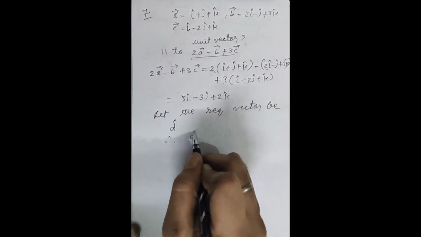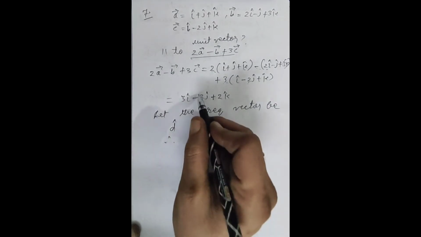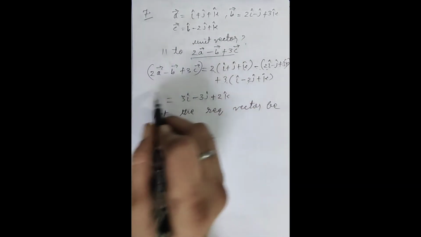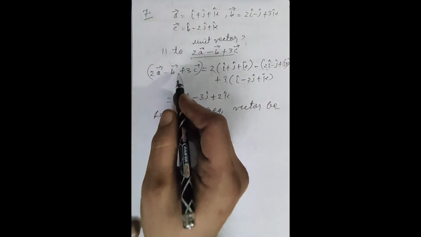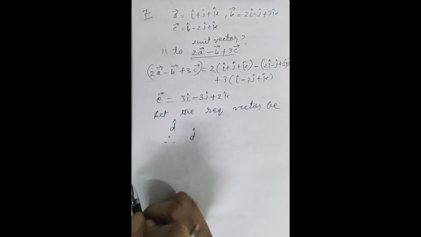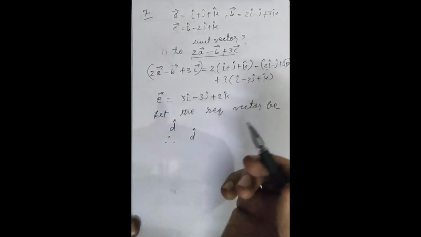Therefore d cap is parallel to this vector. Every time we cannot put this sum repeatedly, so let us consider this also as some other vector e, not a unit vector, e only.